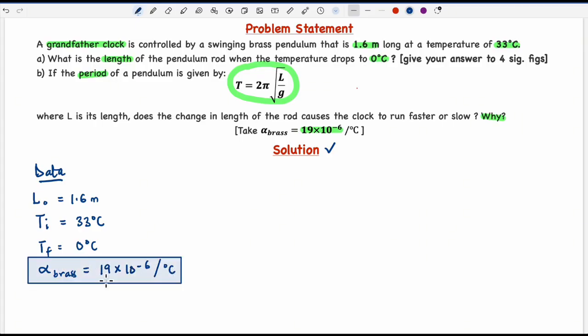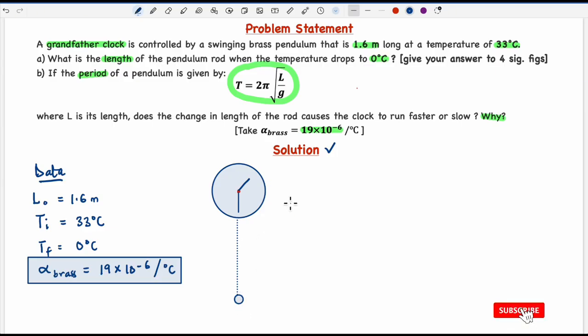And this alpha is a property of brass. For any material at all, it has its unique alpha, and this alpha is called the coefficient of linear expansion. What this physical quantity means is that it quantifies how much a material's length changes for a given change in temperature. Alright, so with this problem, a grandfather clock, which we can visualize as a clock with a pendulum, and this is the pendulum ball.